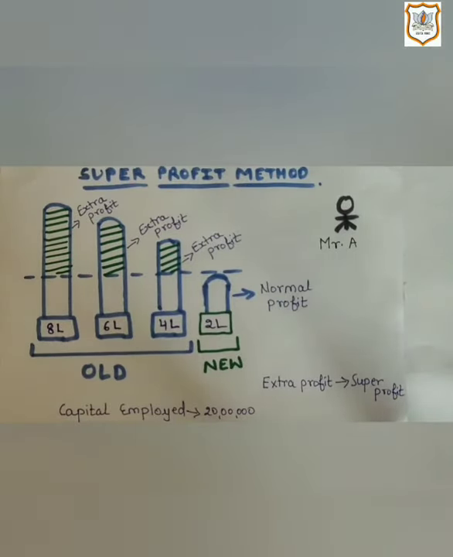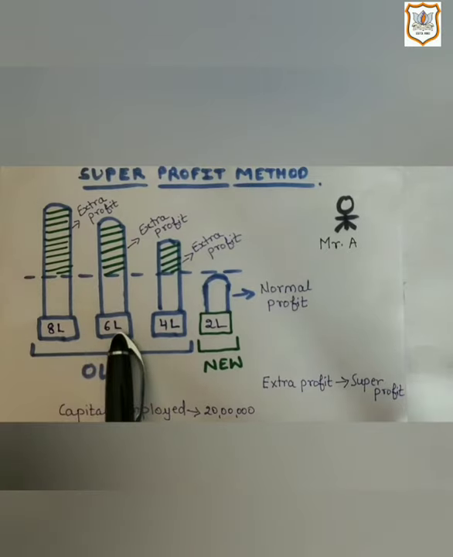If he goes with the first option, that is, purchase of an old existing business, see here in this example, we have the cases of old businesses. Here we have three existing old businesses. The first business is earning a profit of rupees 8 lakh. The second business is earning a profit of rupees 6 lakh.